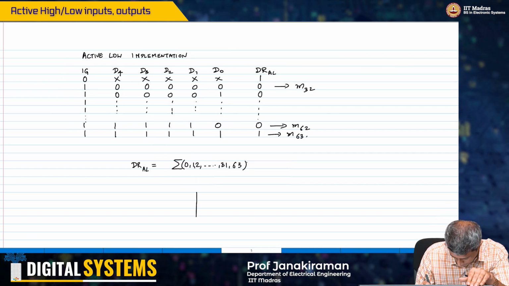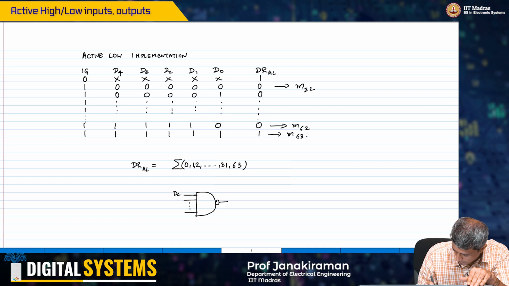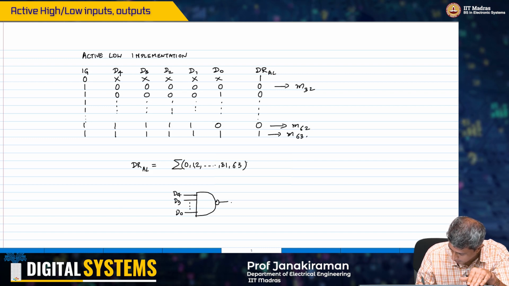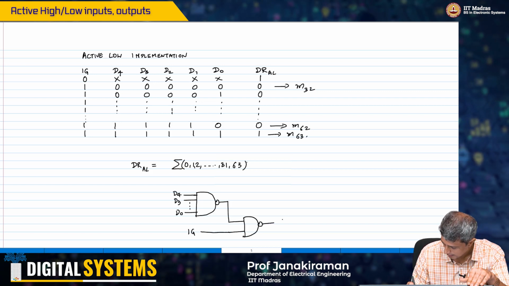So you have D4, D3, D0, ignition, and you pass it through a NAND gate, and basically you are going to get DRAL.